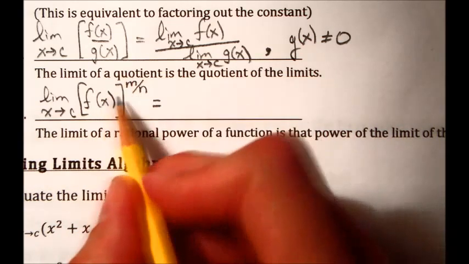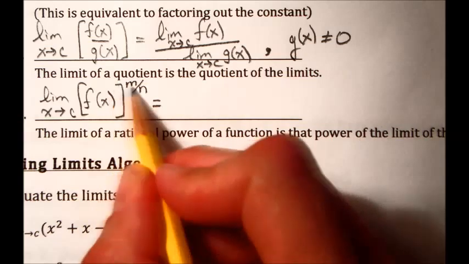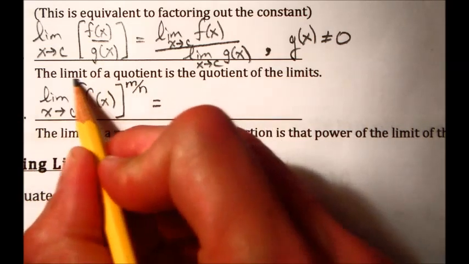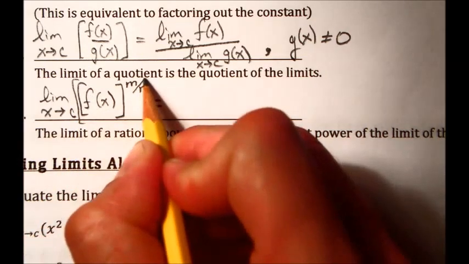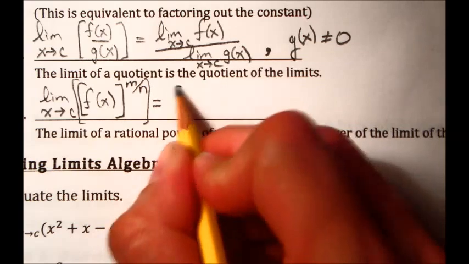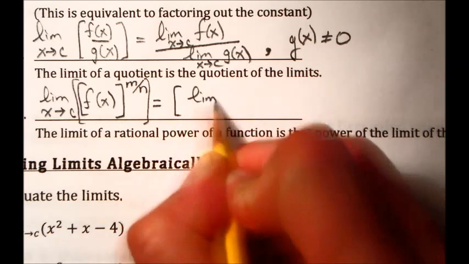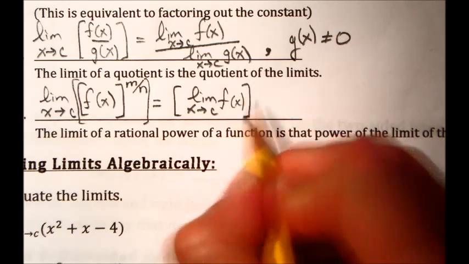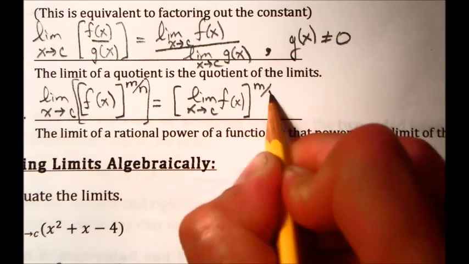So what you see right now is actually the function with the m over n power on it. So you can, I guess, put on extra brackets here. Looks a little ugly, but something like that. And then you could have instead the limit as x approaches c of f of x here, see? And then do the m over n exponent out here.